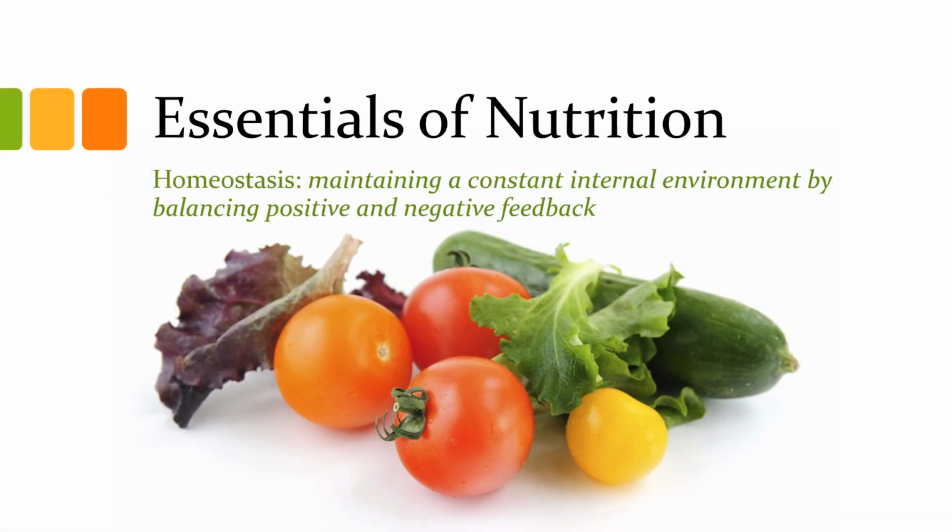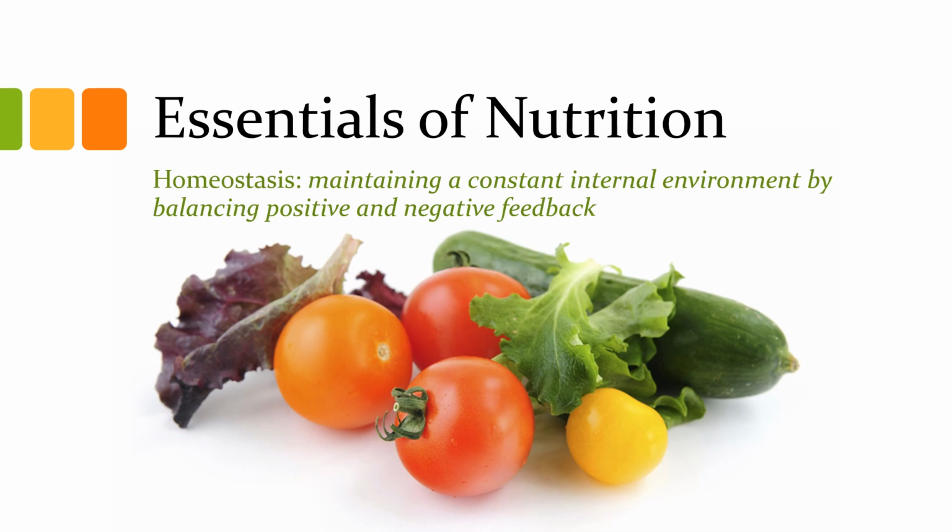Now let's look at some essentials of nutrition. Making healthy food choices is the best way to try to maintain a state of wellness, including homeostasis. Homeostasis means maintaining a constant internal environment by balancing positive and negative feedback. So diet is very important.